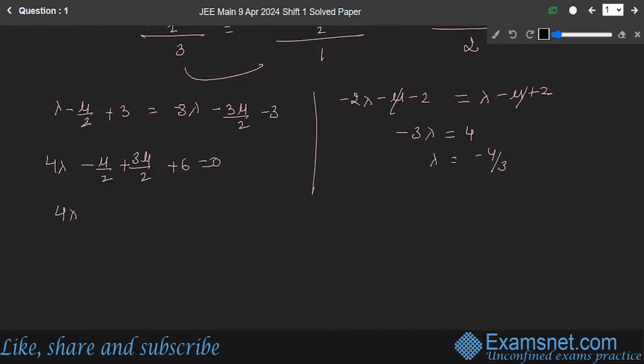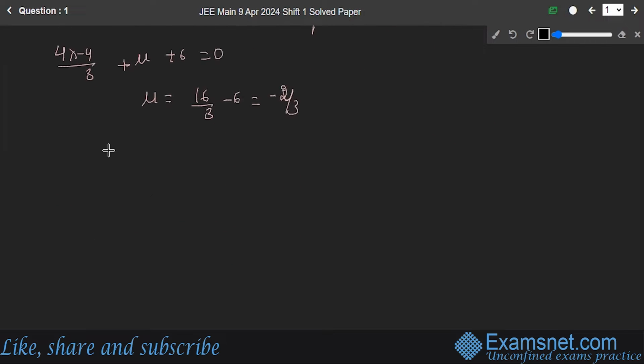So this gives me 4 into this minus this will be plus mu plus 6 is equal to 0. So mu will be equal to 16 upon 3 minus this, or this will give you the value of mu as minus 2 by 3. I got the value of lambda and mu.